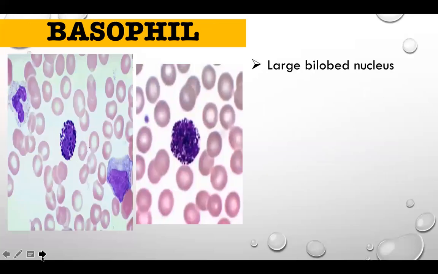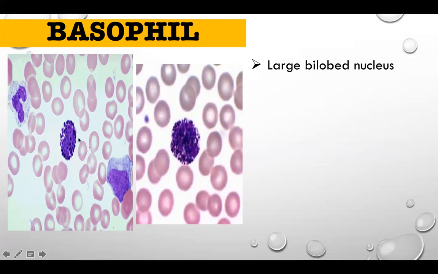Basophil is described as having a large bilobed nucleus with purplish black, dark blue granules. If you notice in this picture, this is the basophil. Almost always the nucleus is not visible anymore, but it is a bilobed nucleus. It is characterized by having an abundance of granules all over the cell.